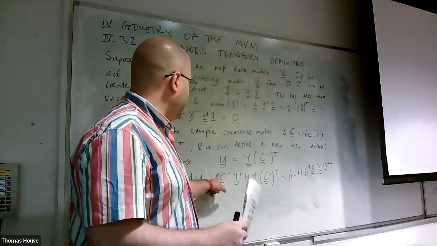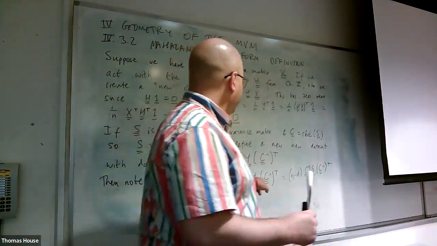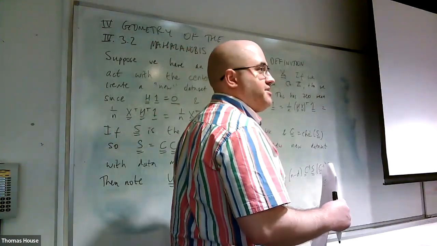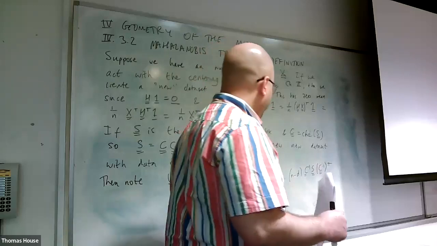And so we're substituting our definition of U in terms of Y. And we know that this is the sample covariance of Y, because we know that changing the mean doesn't change the covariance, right? We showed that earlier.